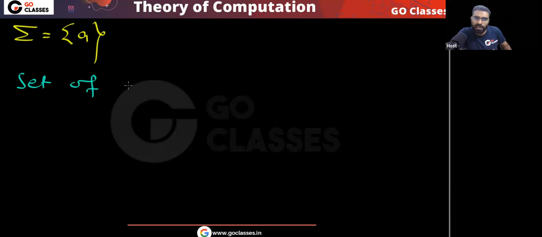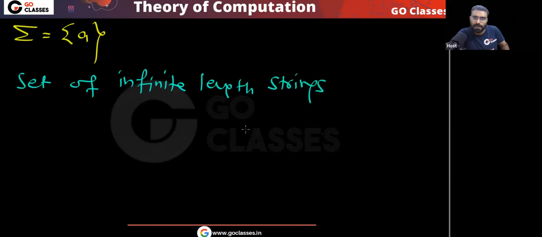Is this clear? Tell me one variation. If your sigma is A, if you have only a unary alphabet, now tell me, what about the set of all infinite length strings over A?